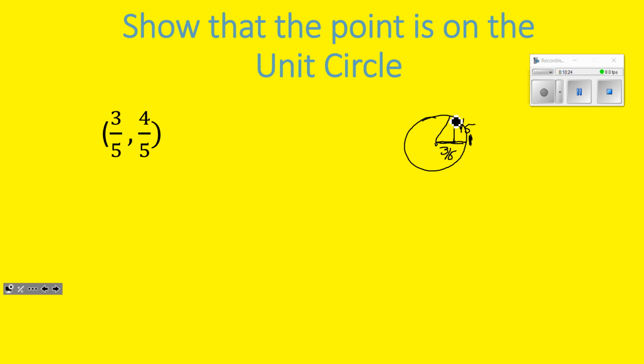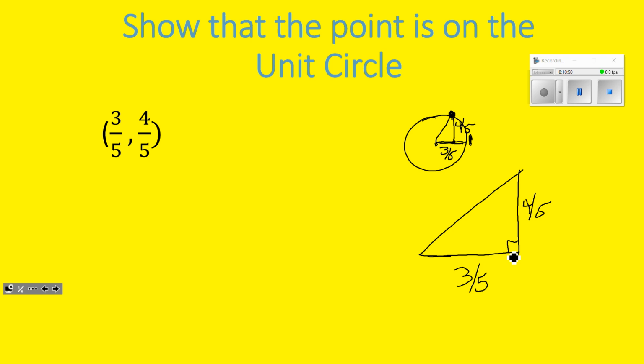And I want to prove that this ending point is on the unit circle. Okay? So I'm going to draw it a little bit bigger, but what have I created here? If I go over 3/5 and I go up 4/5, what have I created?